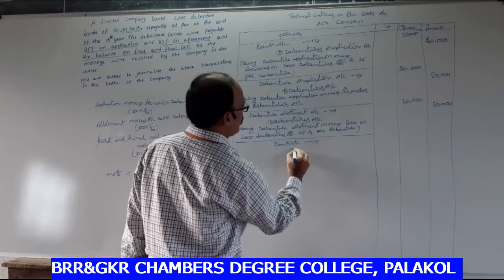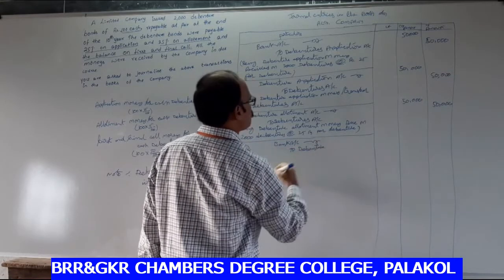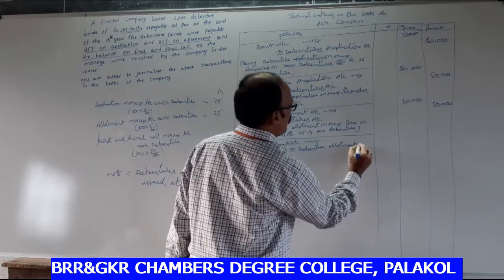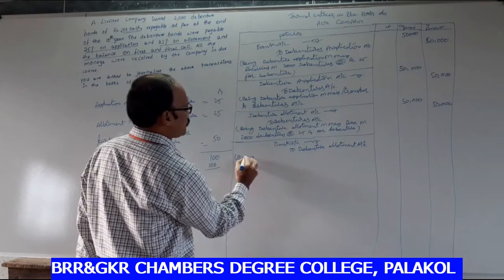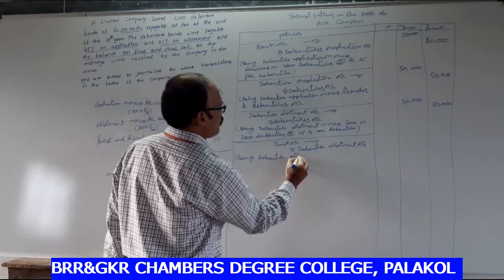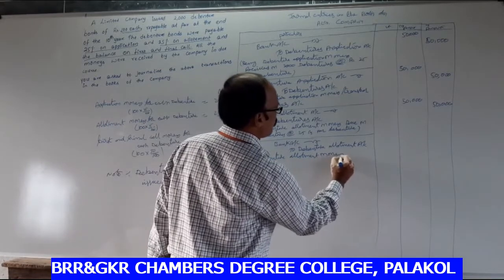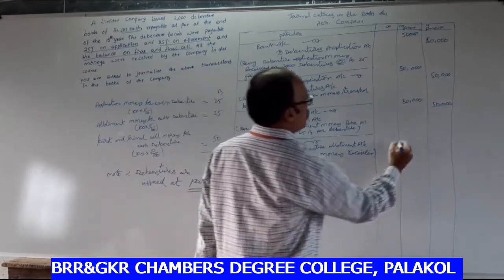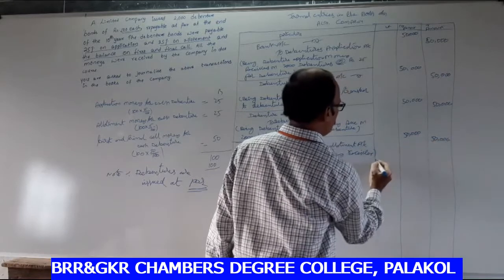Bank account debit to debenture allotment account, being debenture allotment money received. So how much? 50,000.